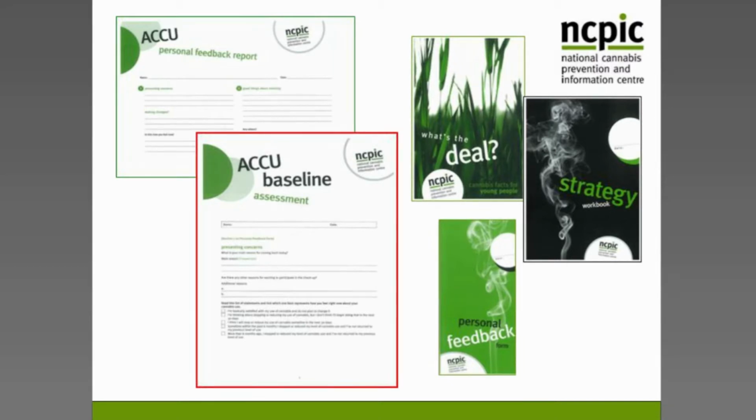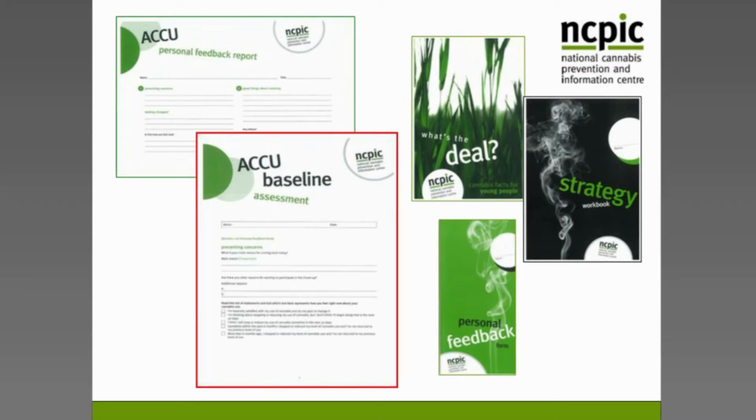That goes with the little green one down next to the assessment, the little slimline one. They're the same; they have the same content. The difference is that the report stays with you in your files, and the personal feedback form is given to the client. But they're both filled out by you after the assessment is done, and then they come back for the feedback session.